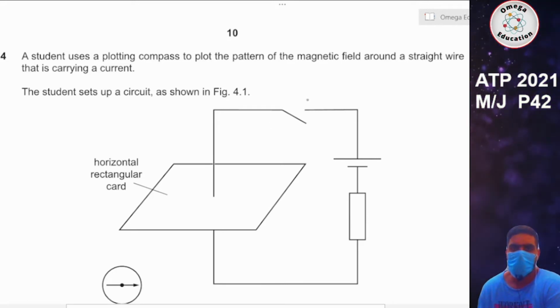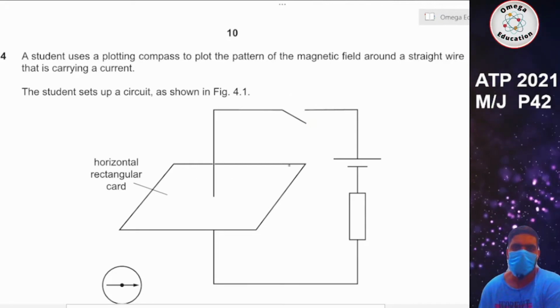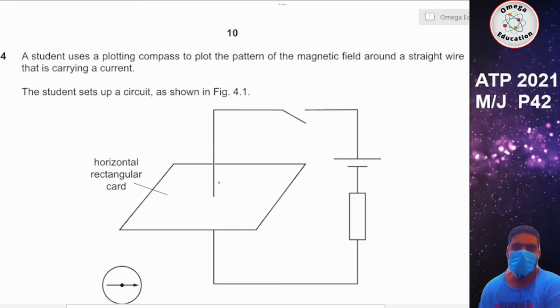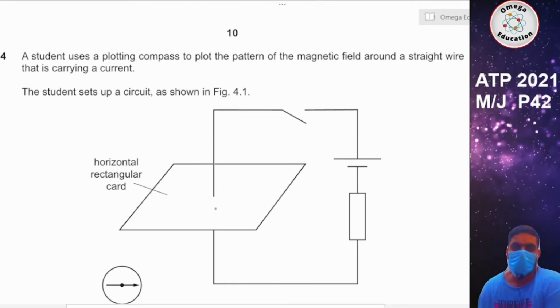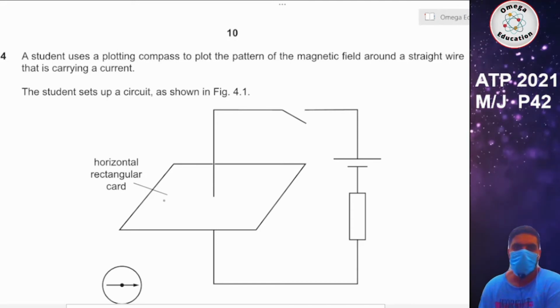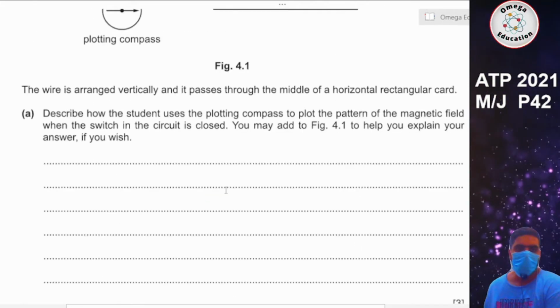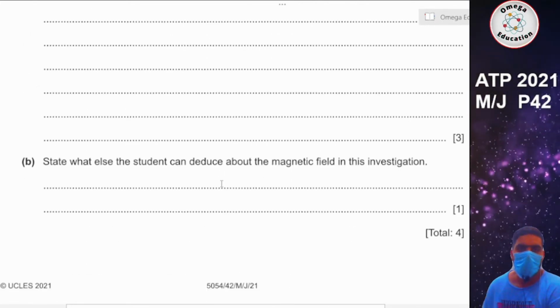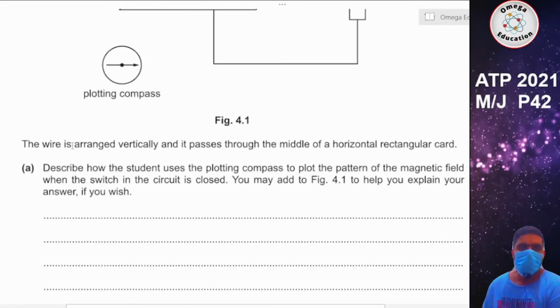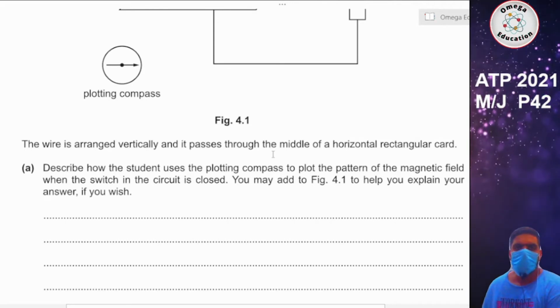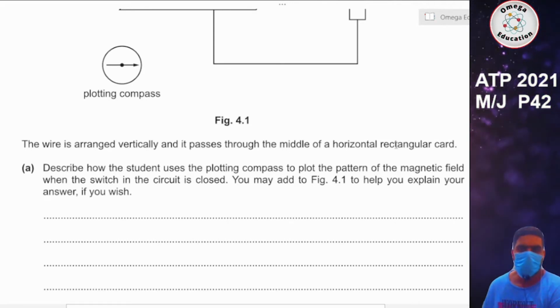And then we have the switch and the connecting wires, and then the connecting wire passes through a horizontal rectangular card, making a hole through that. Anyway, the wire is arranged vertically and it passes through the middle of the horizontal rectangular card.